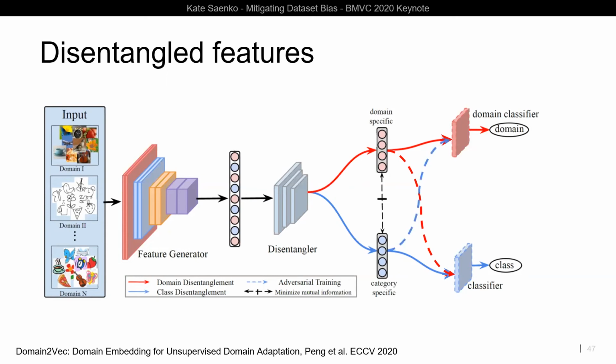And similarly, we have an adversarial loss on the category feature vector, which is now trained also to not be able to predict the domain. So the classifier of the domain shouldn't be able to extract any domain-specific features from the category part. And another thing we do here is we add additionally a term that minimizes mutual information between the domain-specific and the category-specific parts of the features.